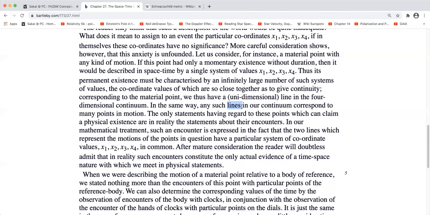And what he's saying is that an encounter refers to an intersection of these 2 different lines. That is, these 2 different particles are moving, so they meet at some point. And it's only when they meet that you can talk about a physical meaning associated with those 4 coordinates, in this case, where they meet at. And the physical meaning therein would be it's of a time-space nature.